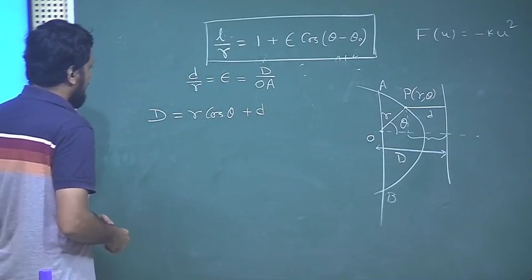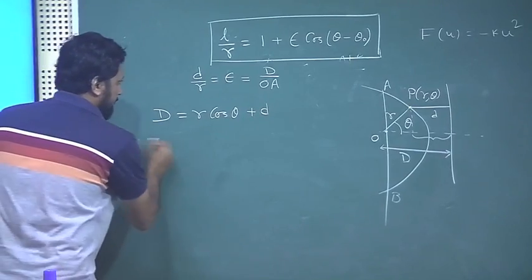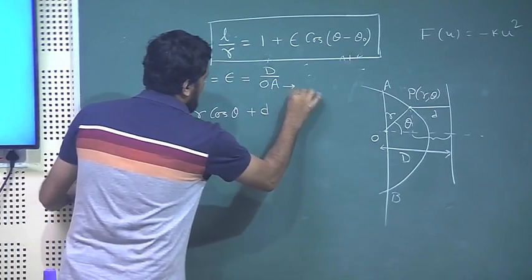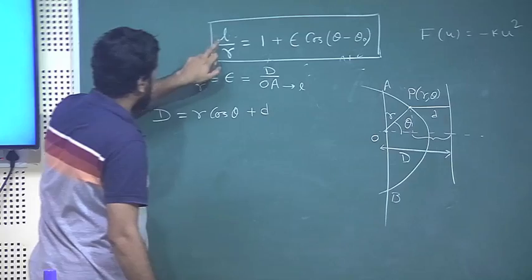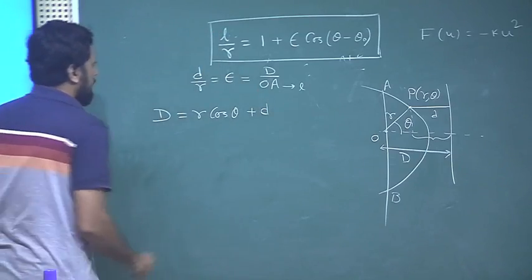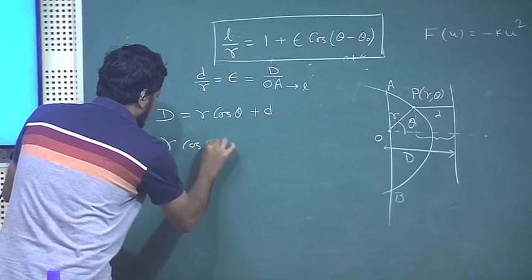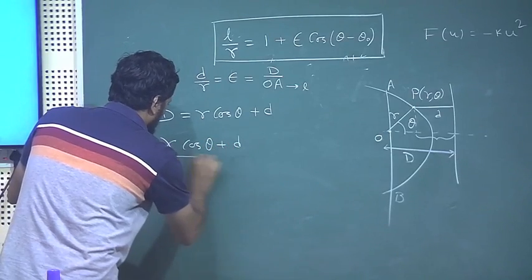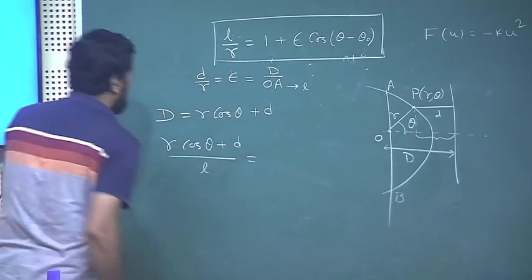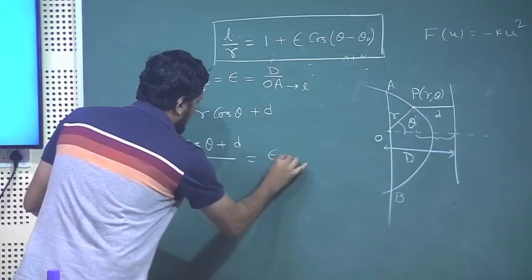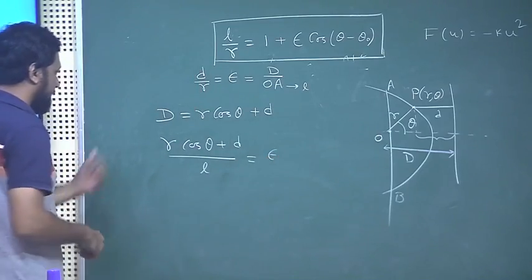Let us call this length OA to be L. This L, as you guessed, is the same L. So, r cos theta plus d whole divided by L is equal to epsilon. Now, we start rearranging things.